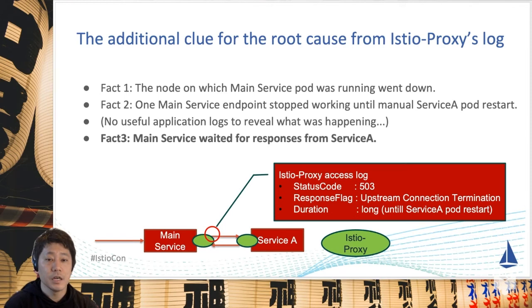In other words, main service connected to service A and was waiting for a response a long time, then disconnected by restarting service A. This response flag, logged in the Istio proxy, often gives us valuable information about what was happening at the time of the failure. With this, it seems that we could dig a little deeper into the cause of the failure.